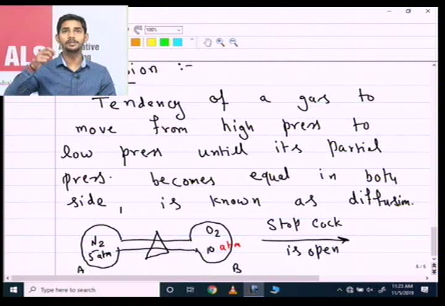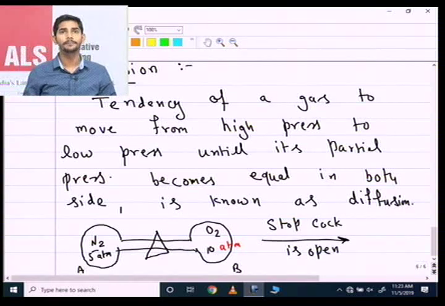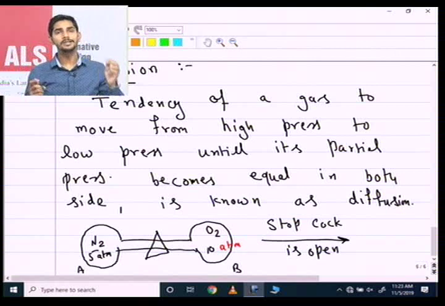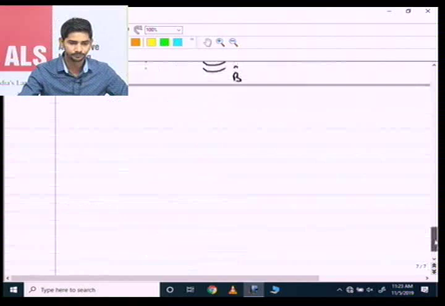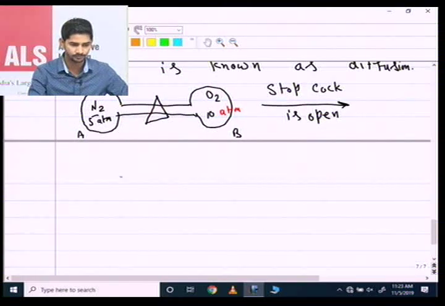Now, whenever you remove the stopcock, what will happen? N2 will start moving towards B, whereas O2 will start moving towards A. Let's see what will happen finally. Look at this.